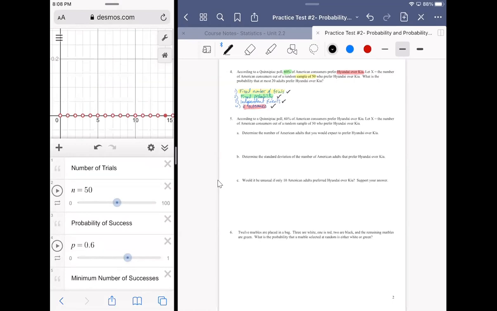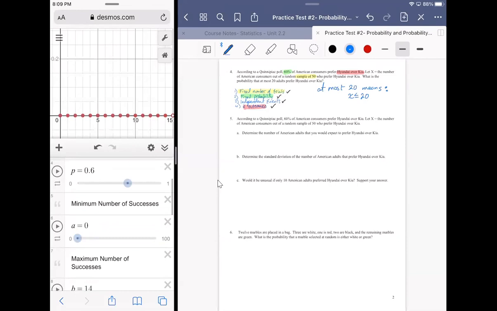Now, what is the probability that at most 20? That's the only thinking part of this. At most 20 means the X value has to be between 0 and 20, all right? But it really just means that X is less than or equal to 20. So the lowest possible value it could be is 0.